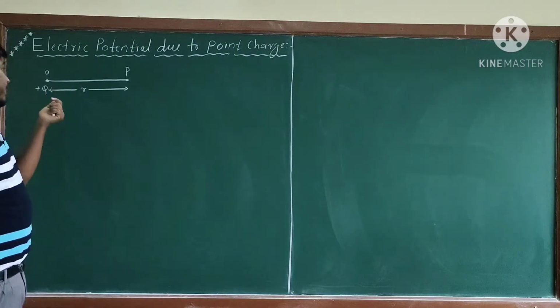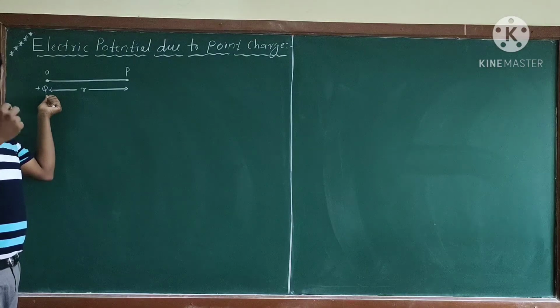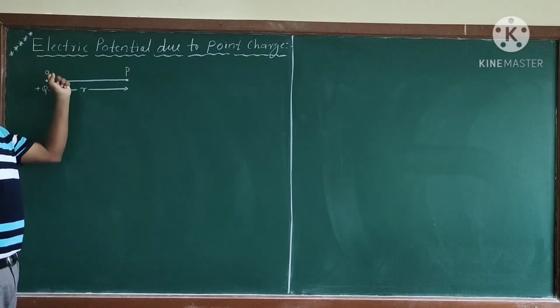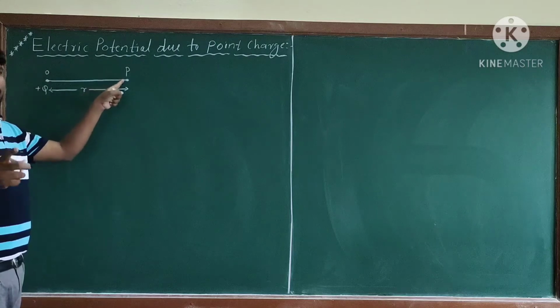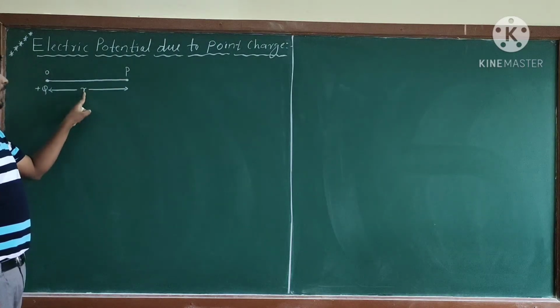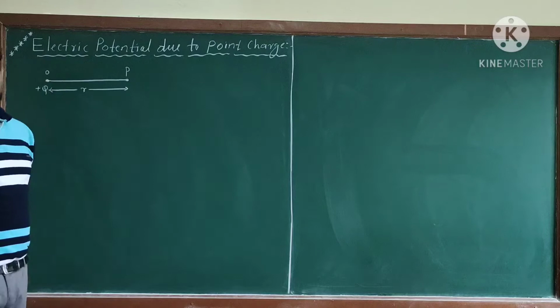So here we have a point charge plus Q at the origin O, and let P be a point at a distance R from the origin O.